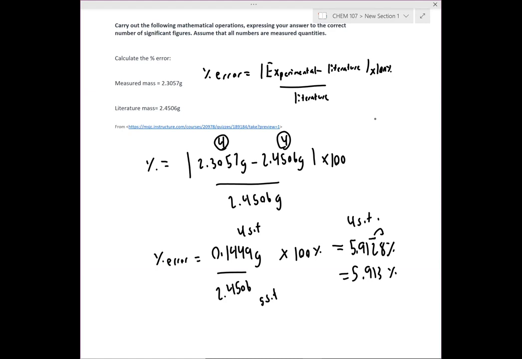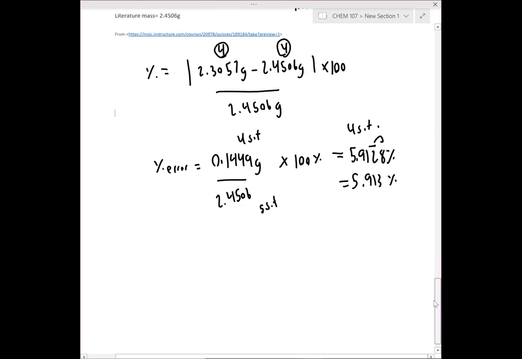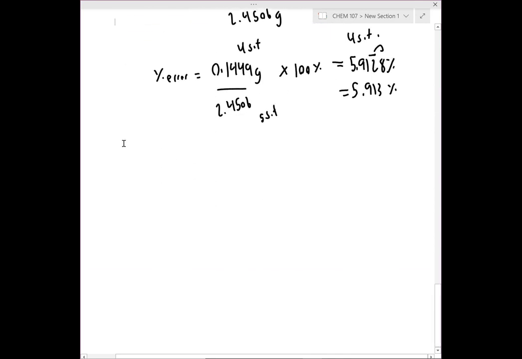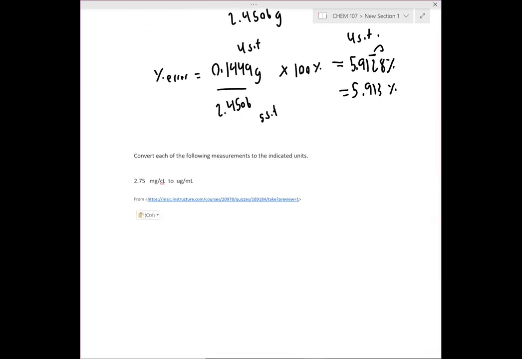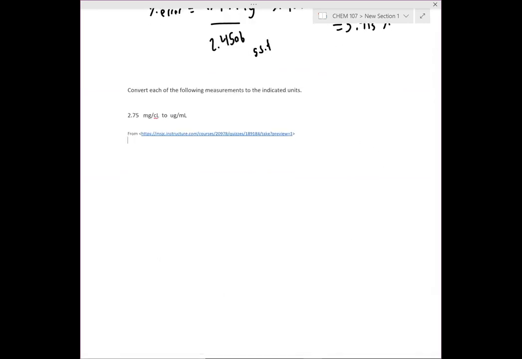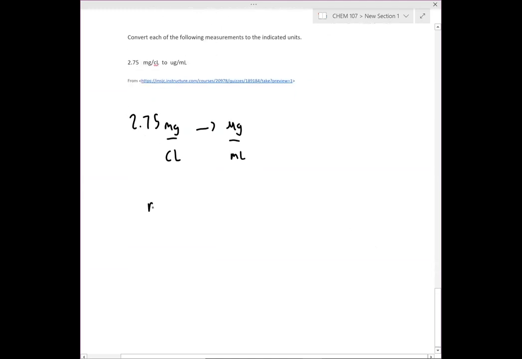Okay, so let's keep going. Let's look at another unit conversion. This time we're asked to convert 2.75 milligrams per centiliter into micrograms per milliliter. So let's set up a solution map.